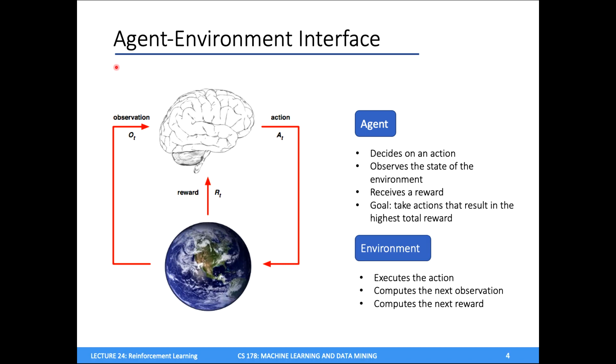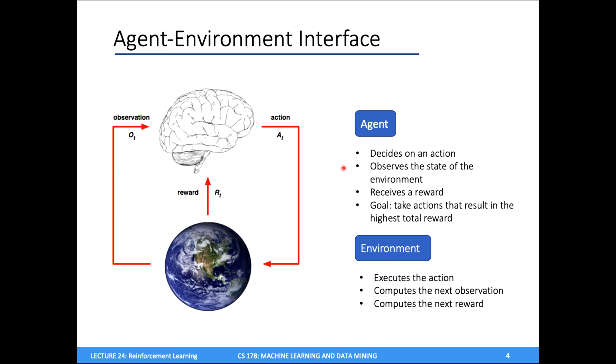So in reinforcement learning, we have a totally new type of learning problem that we'd like to tackle. The idea here is we have some kind of agent, some kind of decision maker out in the world, represented by this brain. At every time step over the course of some time horizon, the agent decides on some kind of action to take. The agent is interacting with some kind of environment out there in the world.